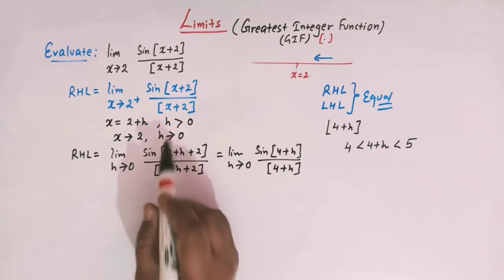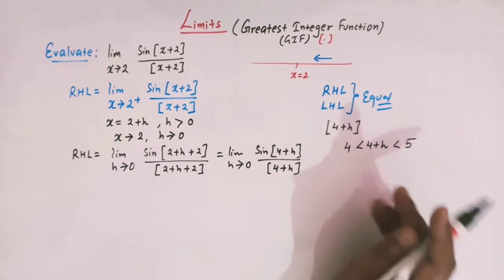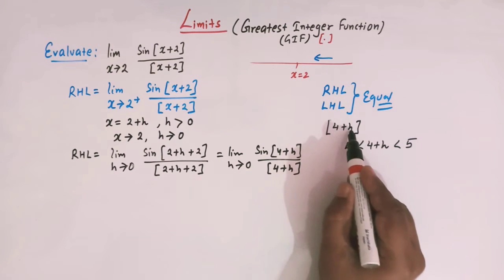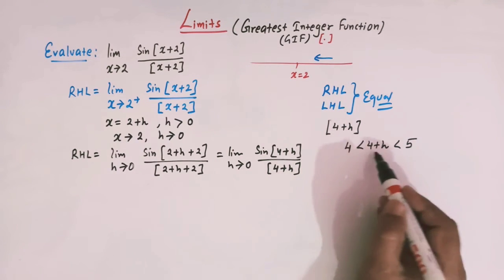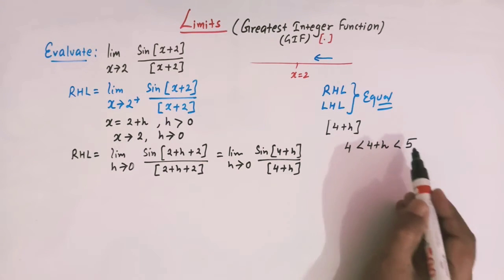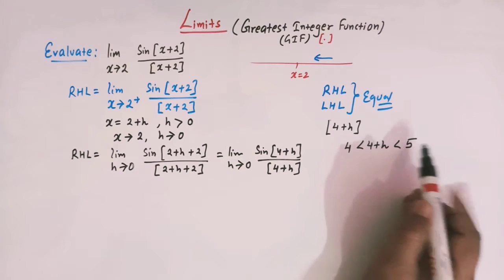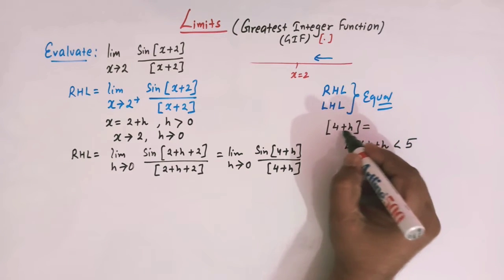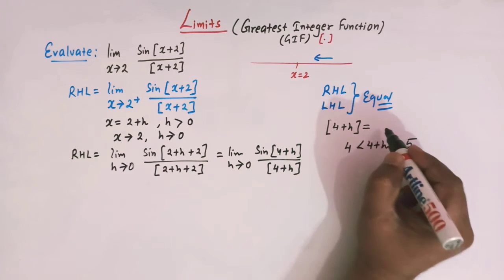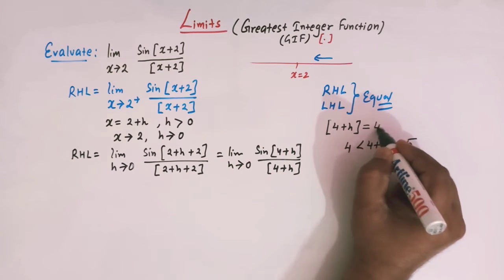Because h is greater than 0 and very small, so 4 plus h is slightly greater than 4 but less than 5. So by the definition of the greatest integer function, the value of [4+h] is equal to 4.